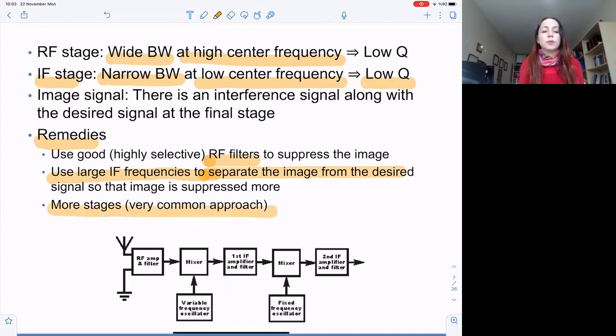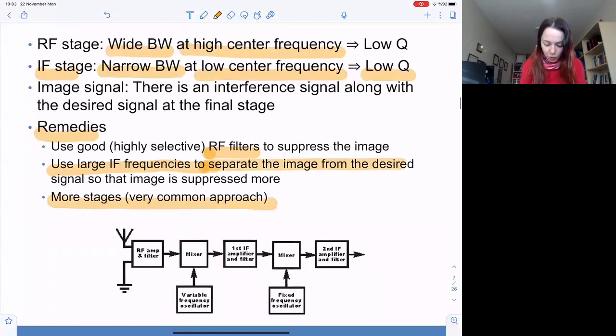This is the most common approach. So here's an example of using more stages. After the RF amplifier and filter, there's a first local oscillator bringing the signal to the first IF frequency. After the first IF amplifier and filter, we put another local oscillator, another mixer, and bring it down to the second IF frequency.